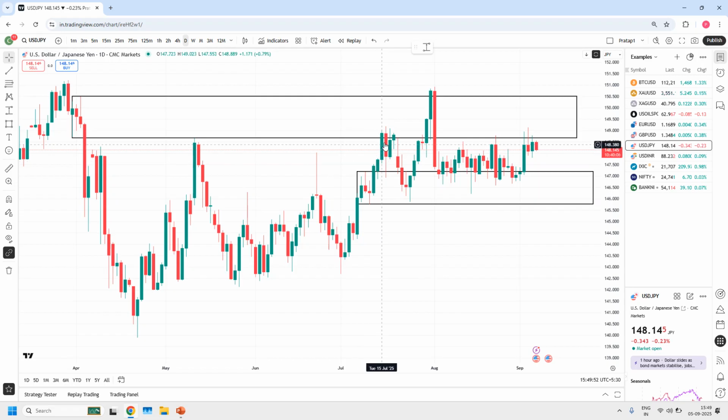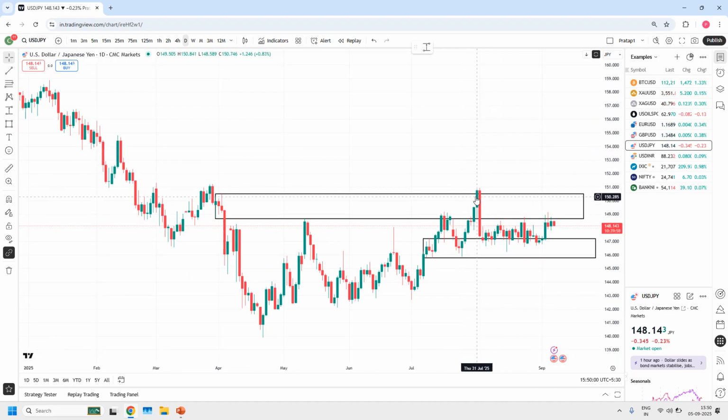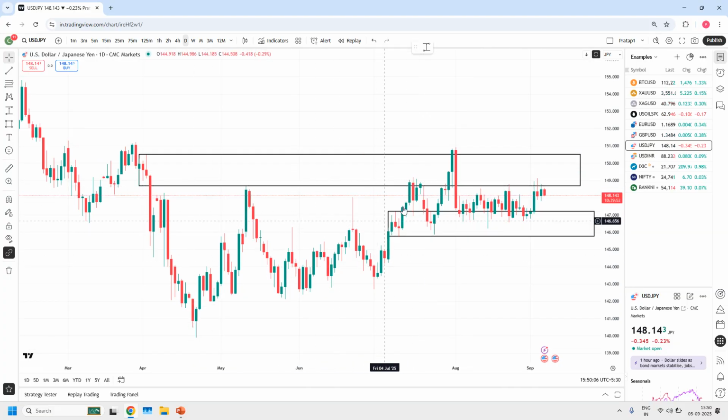See what happened? Prices entered and again it pushed and gave a profit. But this time, this zone is violated. But before that, it gave you one opportunity. If anybody looked for a second opportunity, your trade would have been stopped out.